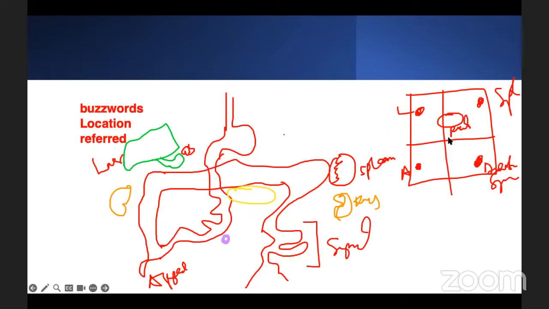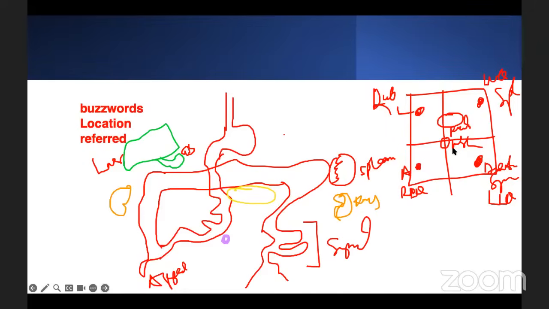And this is your umbilicus. When they ask you a question, you just look at the place and then you figure it out. By labeling this right upper quadrant, this is right lower quadrant, this is the left lower quadrant, this is the left upper quadrant, and this becomes the mid-epigastrium.